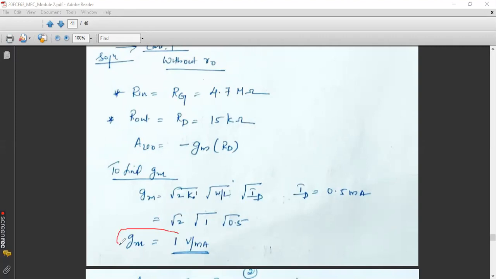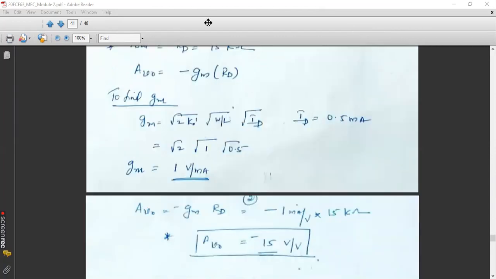So once you get this value, you can substitute here and find AV naught. So it is just 1 into RD. RD is 15 kilo ohm. No need to convert. Why? Because one is in milliampere, the other one is in kilo ohm, so it will get cancelled. 10 to the power minus 3 and 10 to the power 3 will get cancelled.